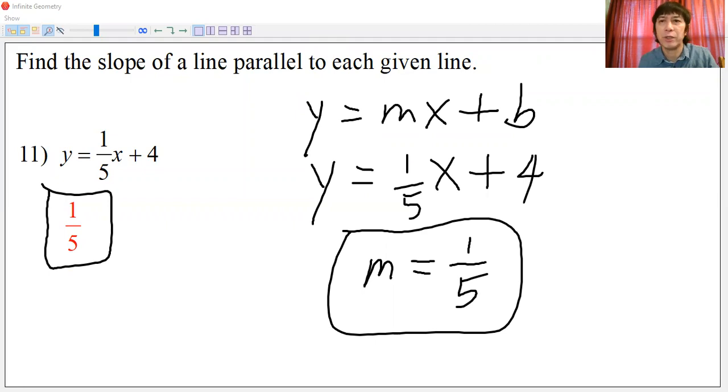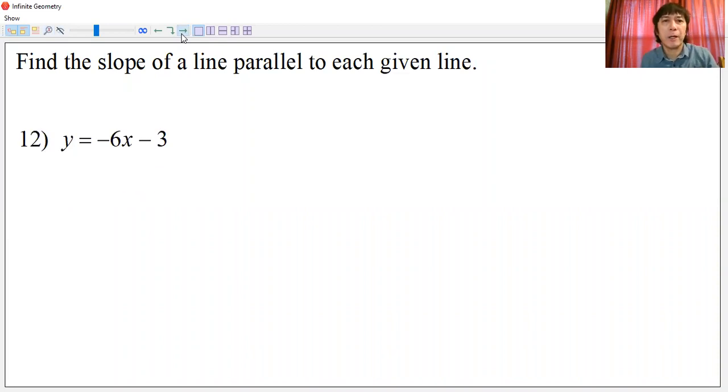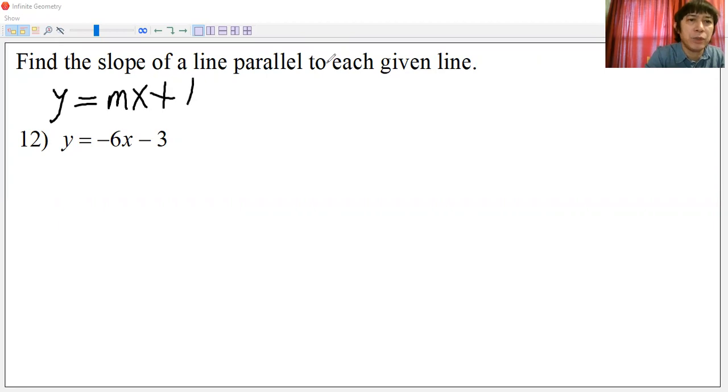Okay, so we continue with number 12. Find the slope of a line parallel to each line. Of course, you can very well see it's -6, because of the format y equals mx plus b.